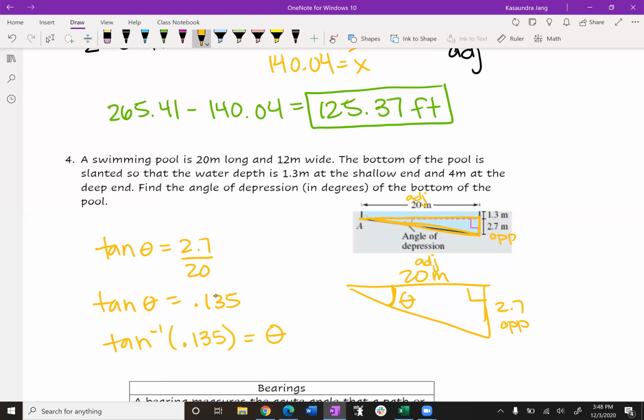All right, now again, my mode is in degrees on my calculator. So I'm going to do my tangent inverse of 0.135, and I ended up with 7.69, and we're in degrees here, so 7.69 degrees. That's the angle of depression.